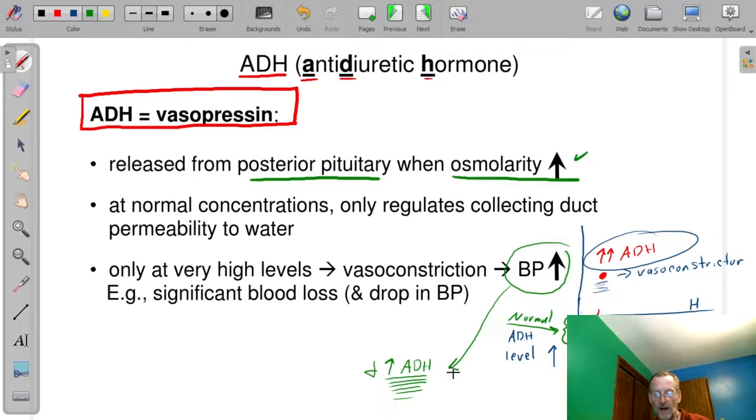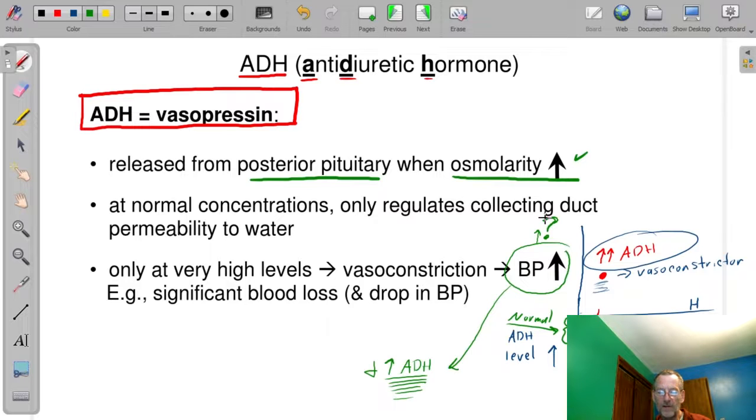So you have to stop and think, okay, who is monitoring blood pressure? We've done this early in the quarter. This is part of the challenge. It's a large challenge in this class, to remember those pieces that we introduced. So this should take you back to the baroreceptor reflex.